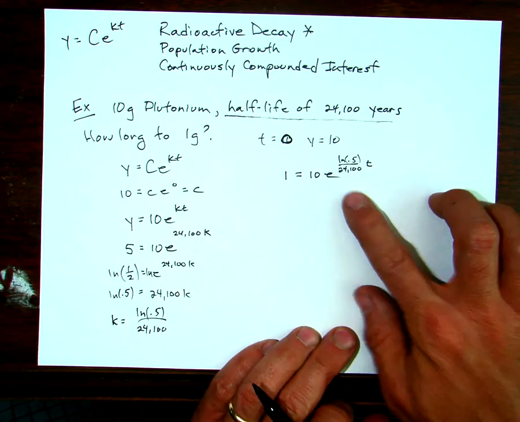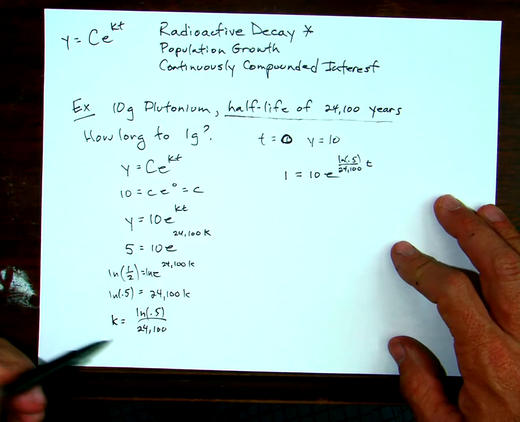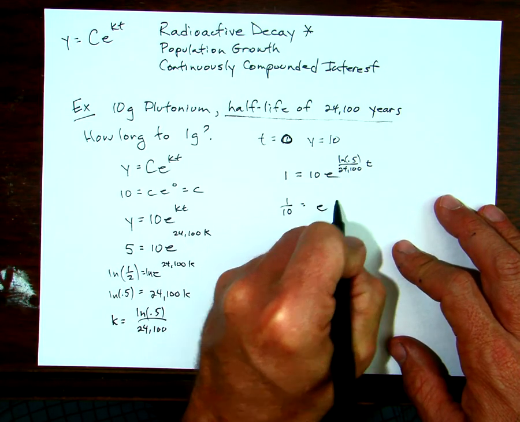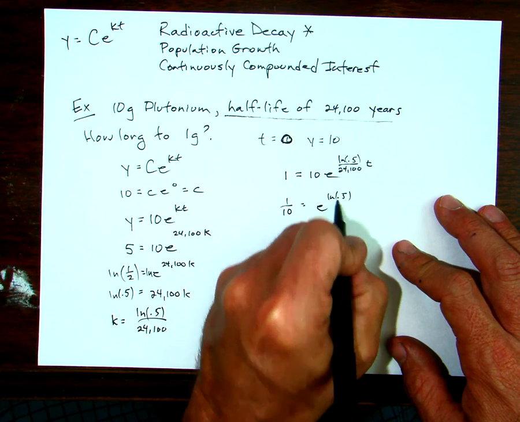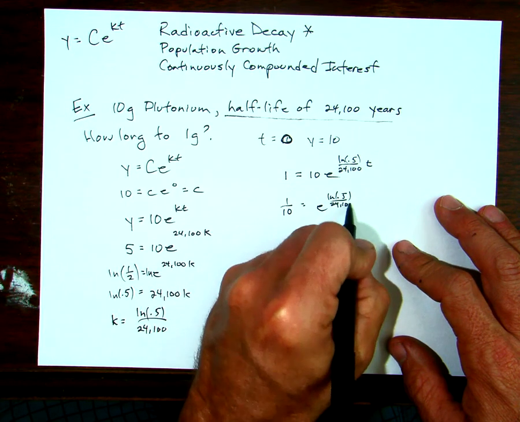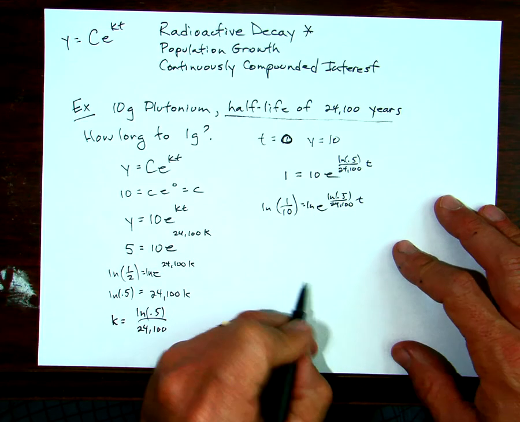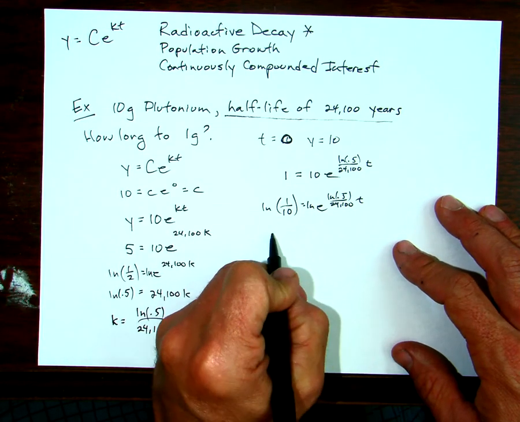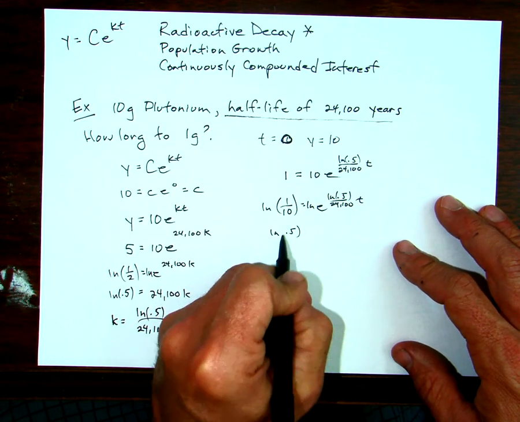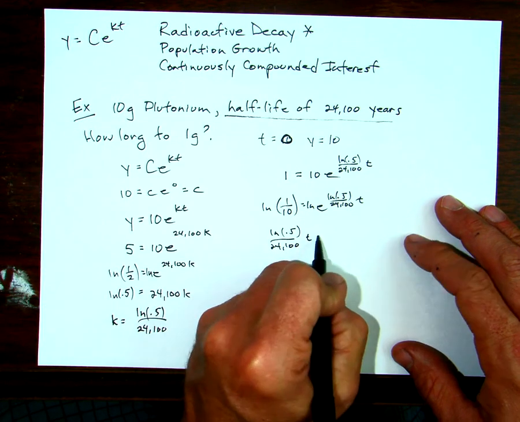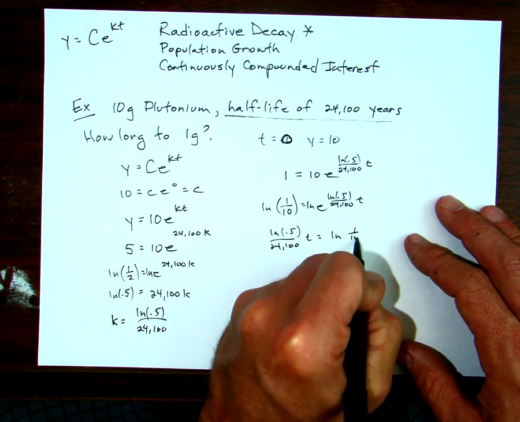The way that we're going to solve it is very similar. We'll divide through by 10: 1/10 equals e to the ln 0.5 over 24,100 t. Take the natural log of both sides. So I'm going to be left with the natural log of 0.5 over 24,100 t equals the natural log of 1/10.